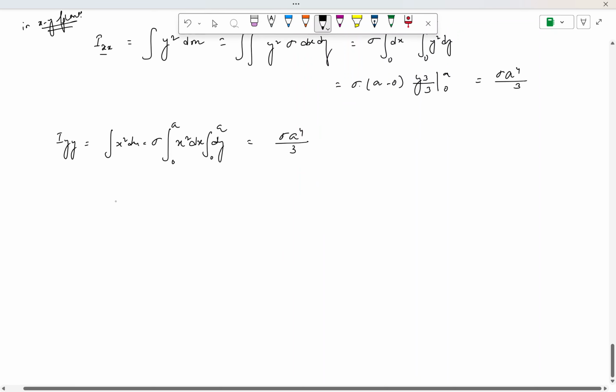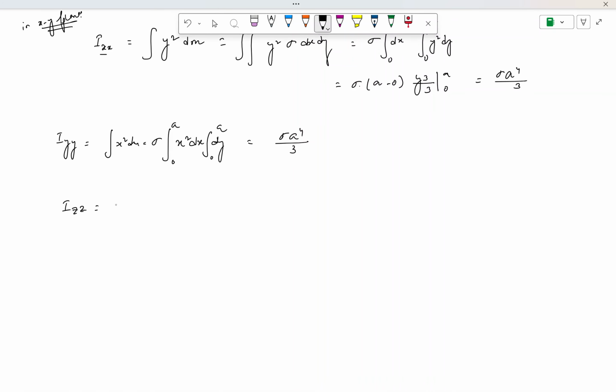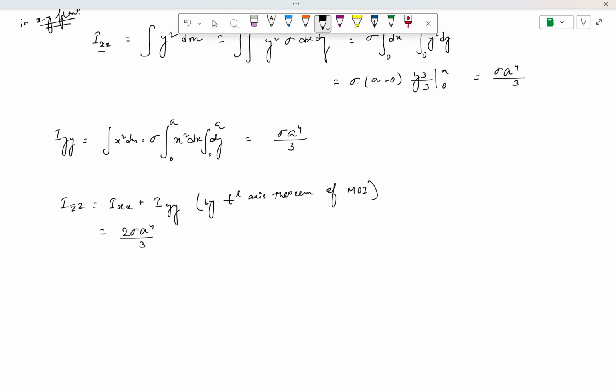Now for Izz, you know that you should use the perpendicular axis theorem, because your square is sitting on the xy plane and the z axis is perpendicular to that plane. By the perpendicular axis theorem of moment of inertia, you get Izz equal to the sum of Ixx plus Iyy. So this is simply 2 sigma a to the power 4 by 3.